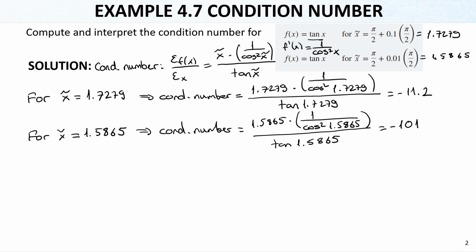And actually this one means the function is ill-conditioned. Here the situation is much worse, much worse, ill-conditioned, let's say.